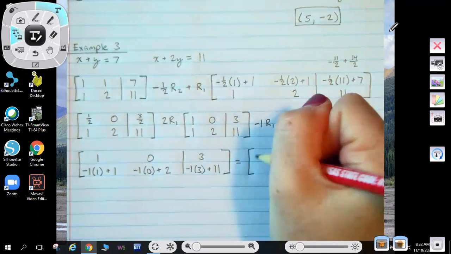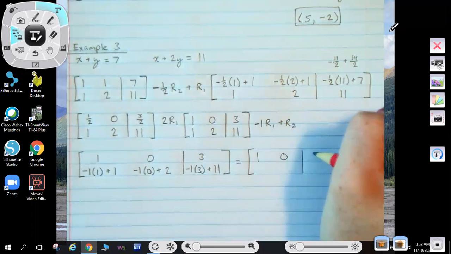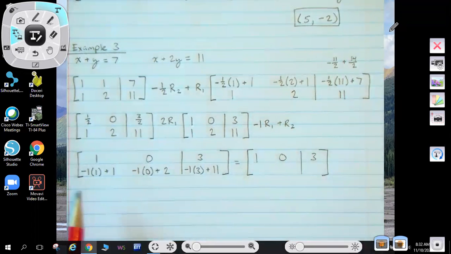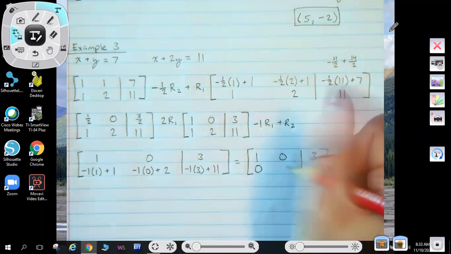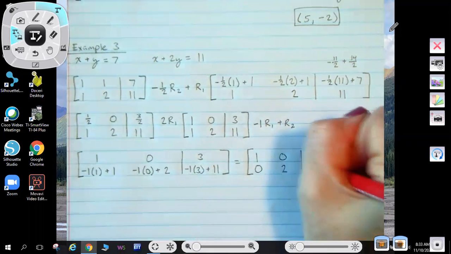Okay, do this little bit of math. First of all, the first row is not changing. 1, 0, 3. Second row, we have -1 times 1, which is -1, plus 1 is 0, which is what we wanted to happen. -1 times 0 is still 0, plus 2 is 2. -1 times 3 is -3, plus 11 is 8.